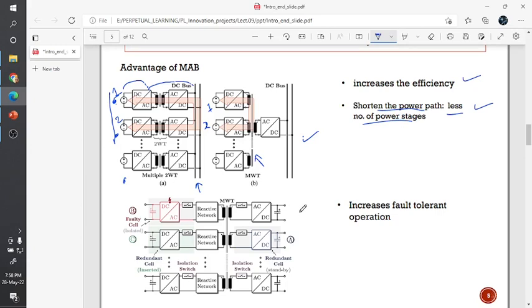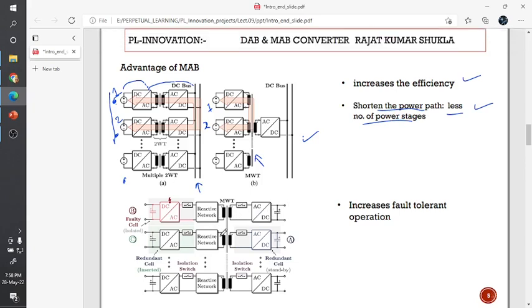What will happen if the DC to AC network has some issue, some fault? Okay, so the reliability term will come here, though it is not exactly reliability, I should say this is a fault tolerant capability.